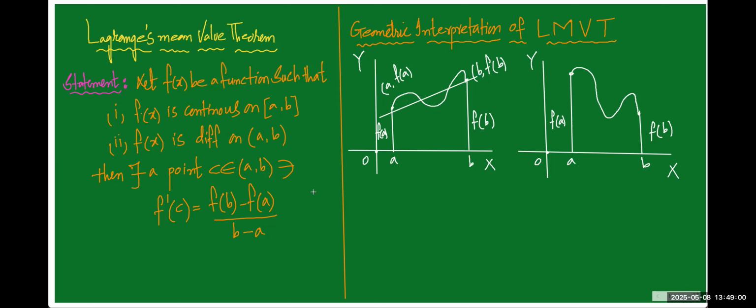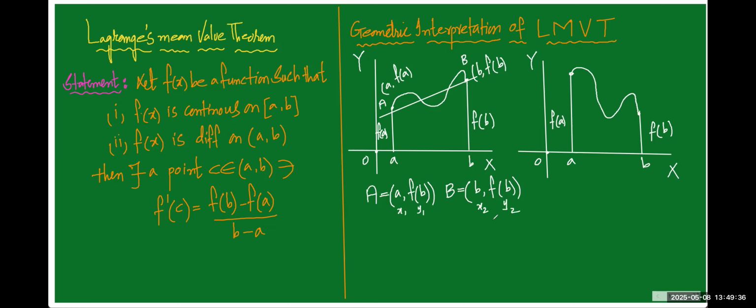Let us say this is capital A and this is capital B. The coordinates of A are a comma f of a, and the coordinates of B are b comma f of b. Now considering this is x1, y1 and this is x2, y2.